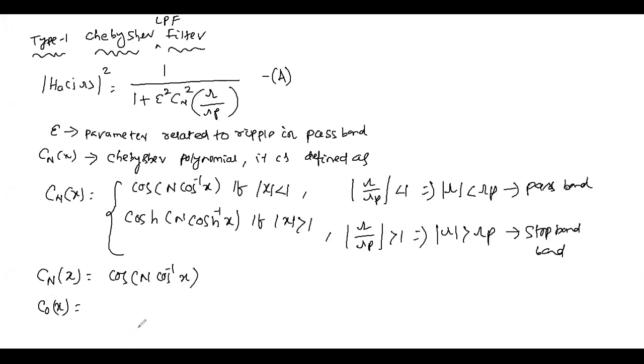What is the value of C0(x)? 1. Good, it is cos 0, which is 1. Now what is C1(x)? It is cos of cos inverse x, that equals x. Yes or not?